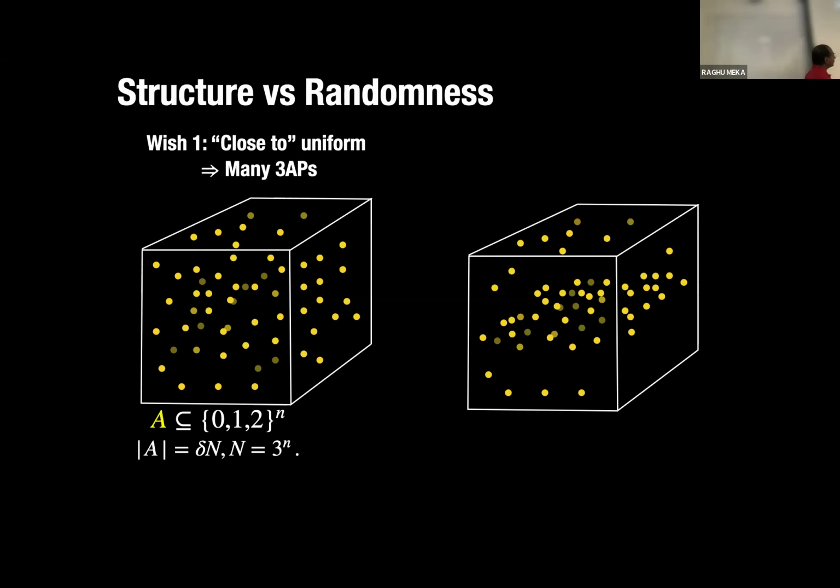Wish two says: if I'm far from uniform, then there is some strong structure that we can exploit. Very wishful thinking, right? We are saying either you're close to uniform, or barring that, you have some structure that I can use. There's no middle ground. That's the hope that we have. So it's kind of wishful thinking, or win-win analysis.